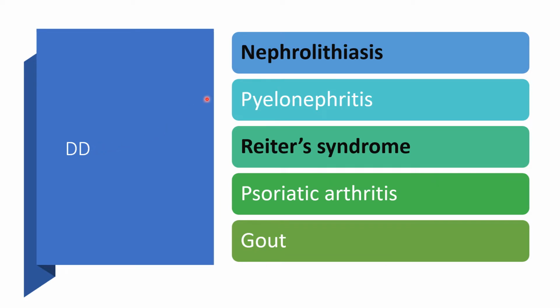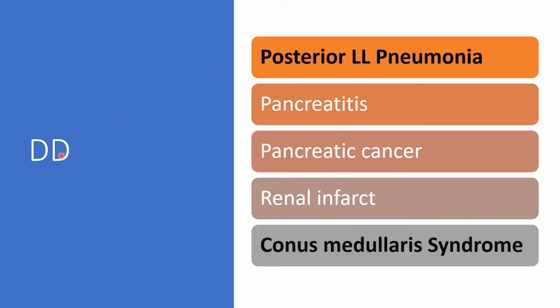The differential diagnosis will also include nephrolithiasis, that is kidney stone, pyelonephritis, Reiter syndrome, psoriatic arthritis, gout. The differential diagnosis will include posterior lower lobe pneumonia.